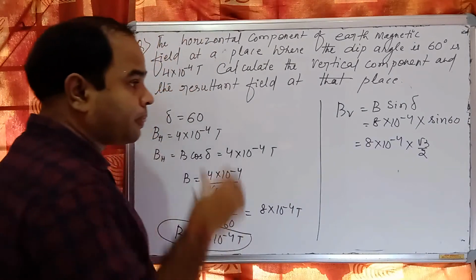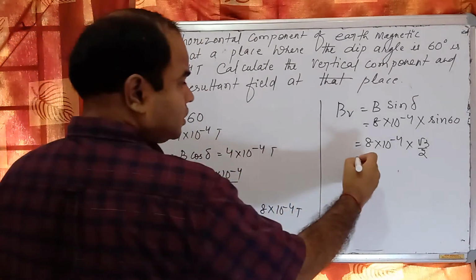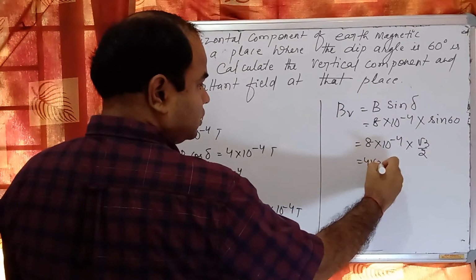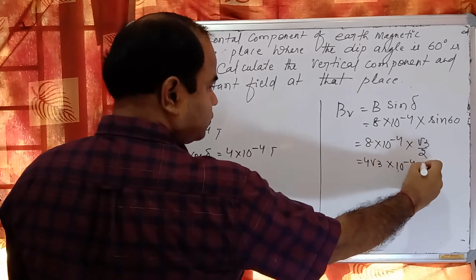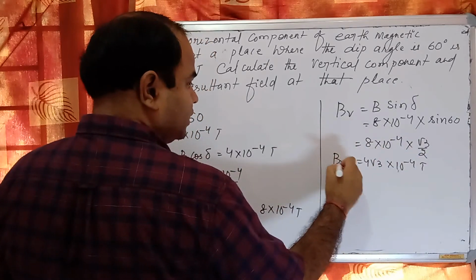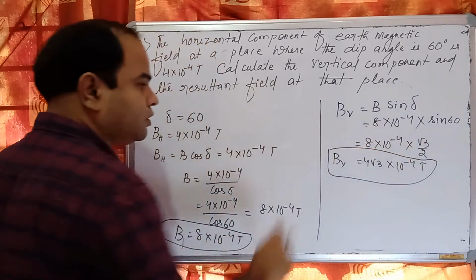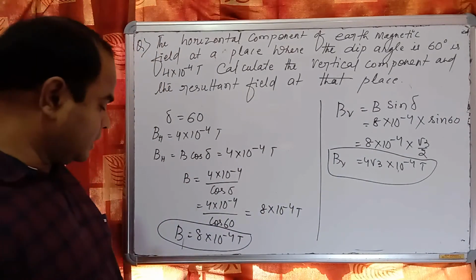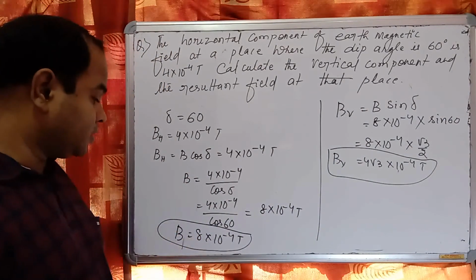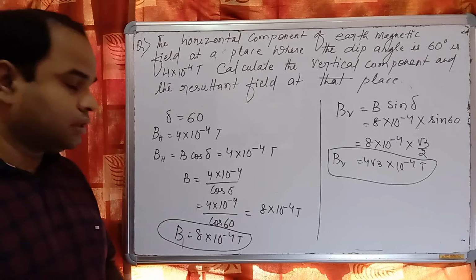So that is 4 root 3 into 10 to the power minus 4 Tesla. So the vertical component is 4 root 3 into 10 to the power minus 4 Tesla, and the net magnetic field strength is 8 into 10 to the power minus 4 Tesla.